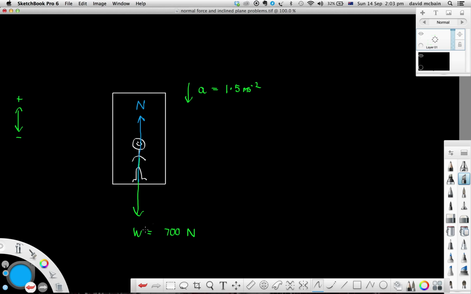Now, once again, we need to link our normal force with our weight force and the net force. Now, if we look, there is an acceleration, so there is going to be a net force. So once again, we know that the net force as a vector is going to be the addition of all the forces acting on the person, which is the normal plus the weight force.